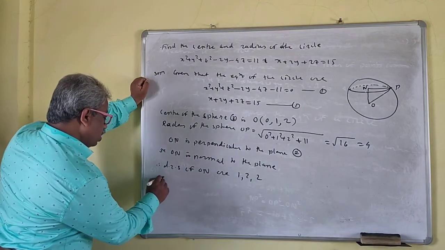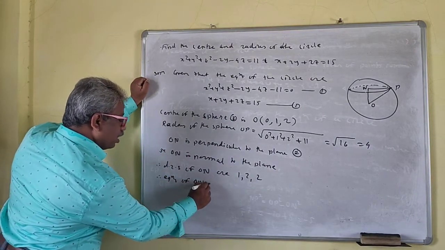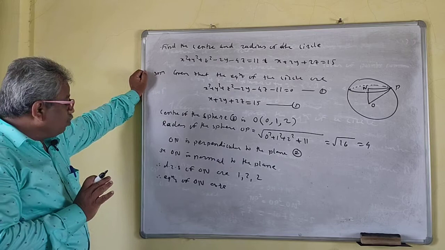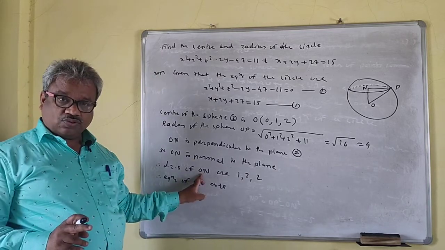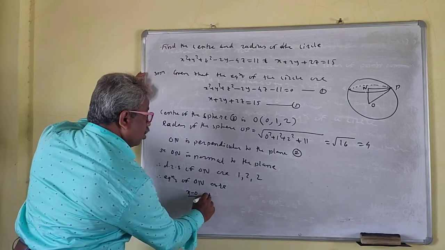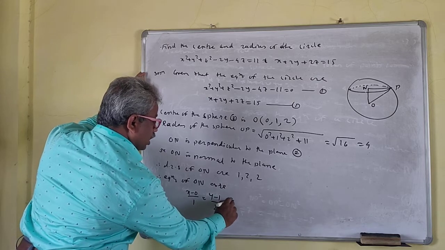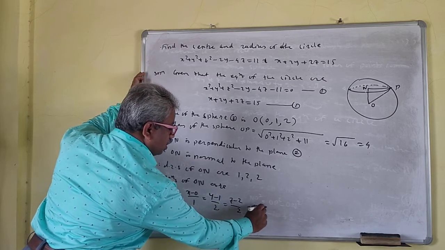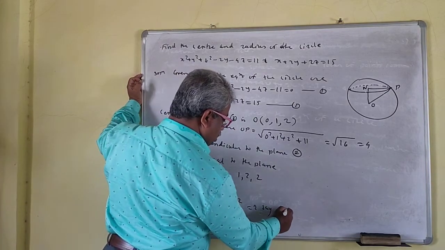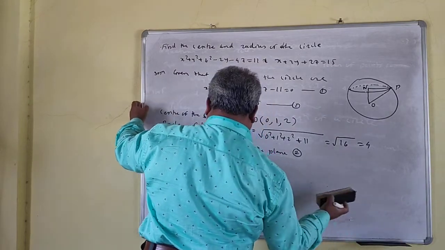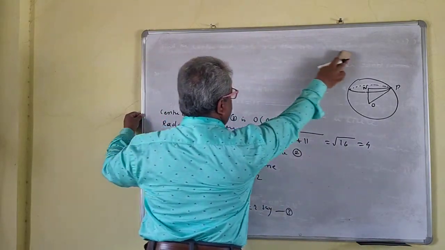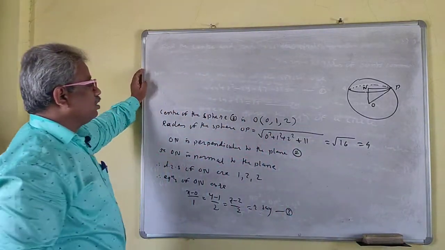Okay. So therefore the equations of ON, because the line is what? The DRs of ON are known to you, and one point on the line is known. That one point is the center. So this is x minus 0 upon 1, y minus 1 upon 2, z minus 2 upon 2 is equal to r. I'll call this 3.